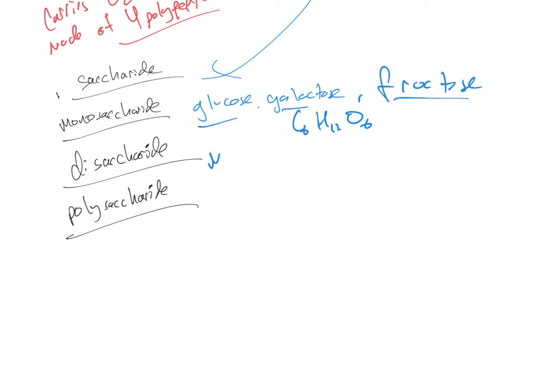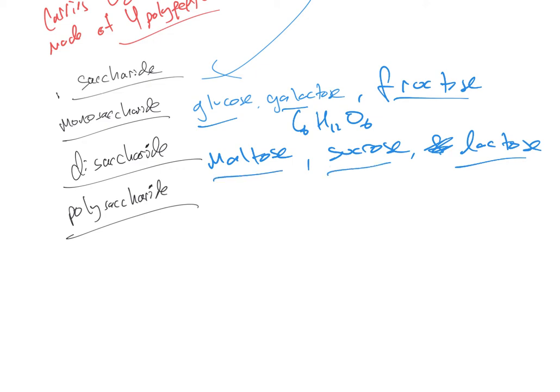Disaccharides, you have maltose, sucrose, and lactose. All of these have glucose. So maltose is glucose plus glucose. Sucrose is glucose plus fructose.